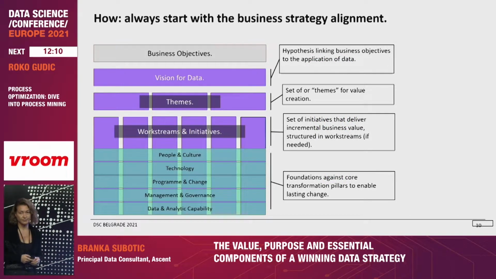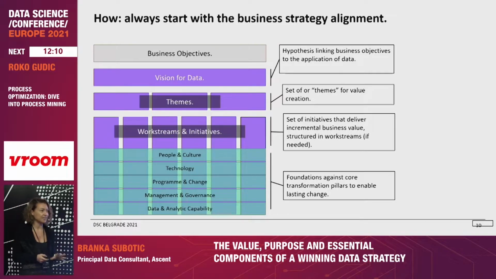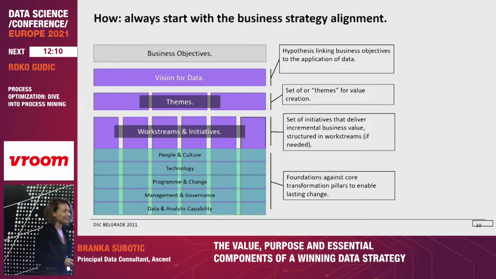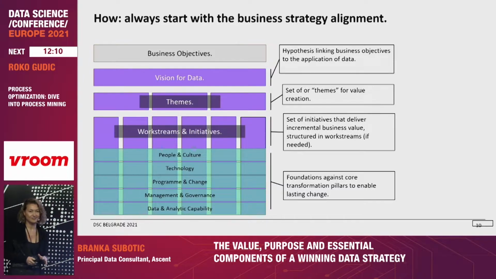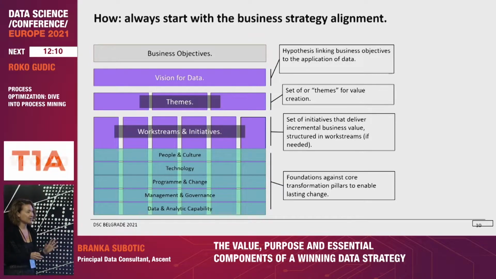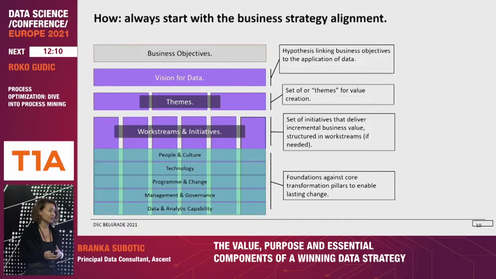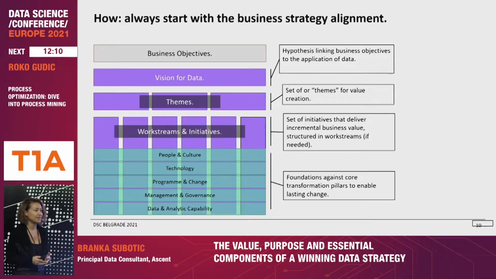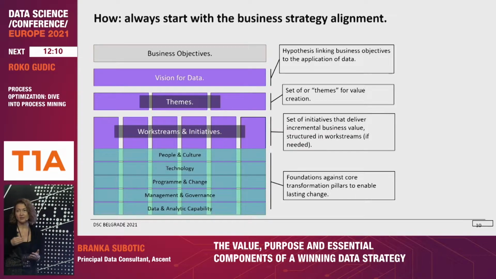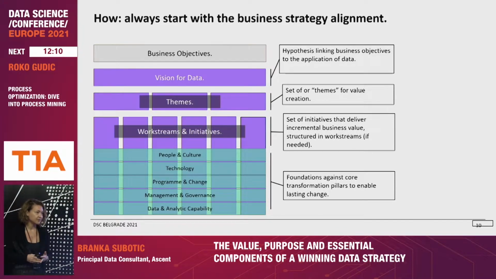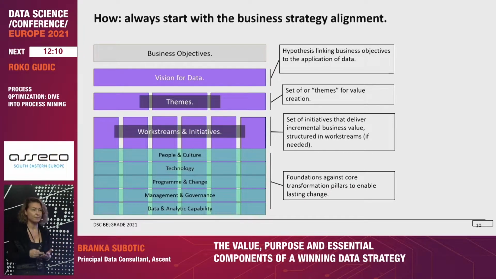How do we do it? If you start with data strategy, you have to start with business strategy. So no matter how many strategies you have in your organization, they all have to be in sync, and they all have to be aligned with the business strategy and business objectives.